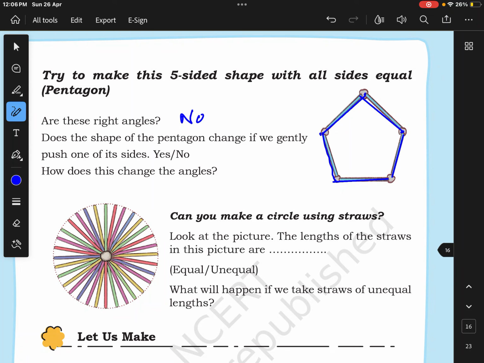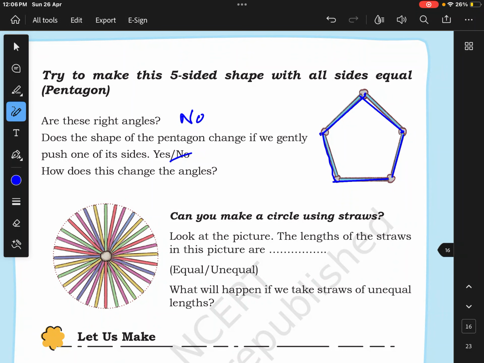So the answer is no, it does not change the shape. How does this change the angle? Yes, it changes the angle because it will make some angles bigger, or some angles will reduce.